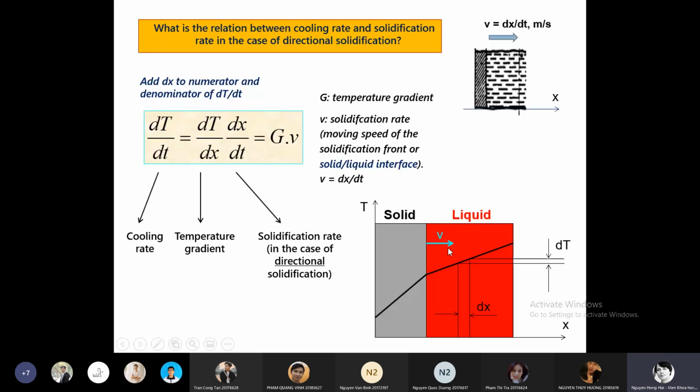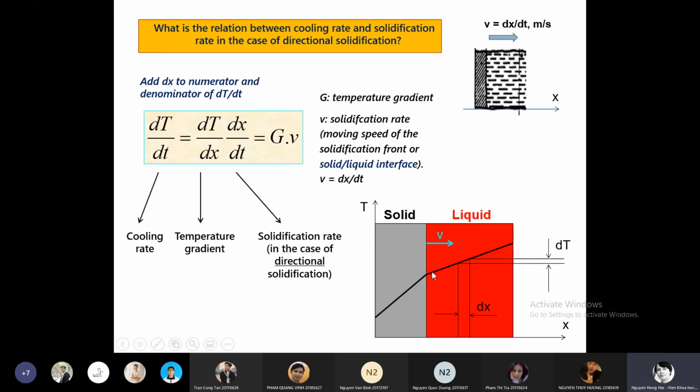In the liquid, in this very small interval dx, the temperature changes a little bit by dT, and dT over dx is the temperature gradient. In this case, the temperature increases towards the liquid.